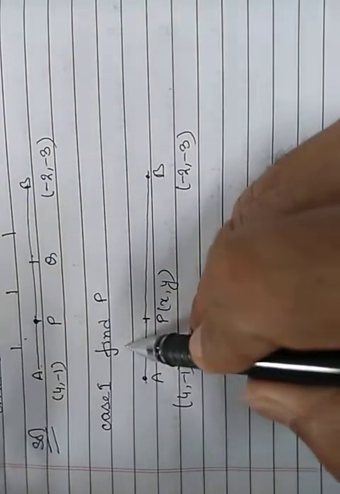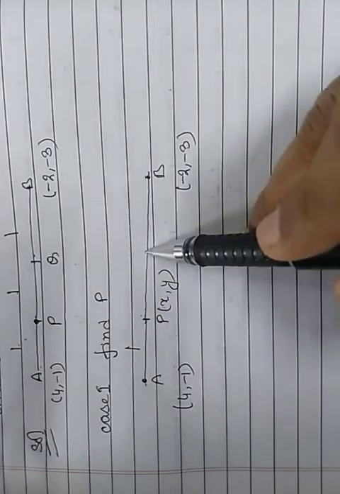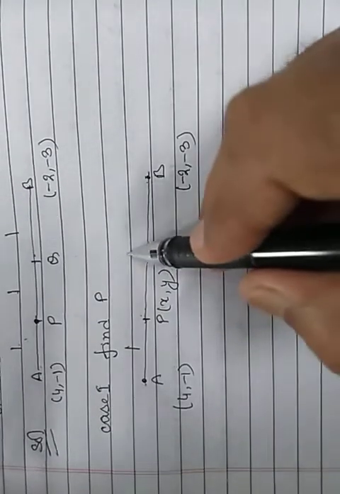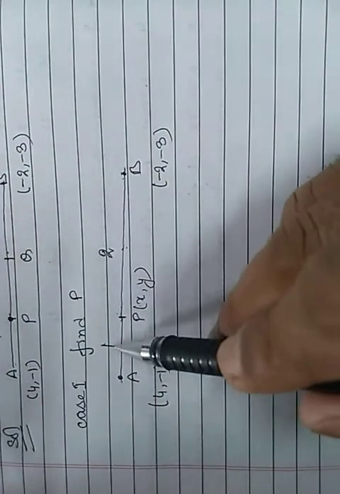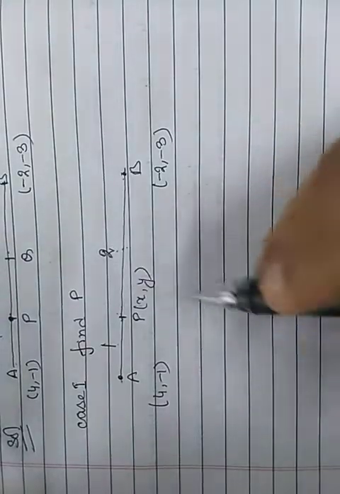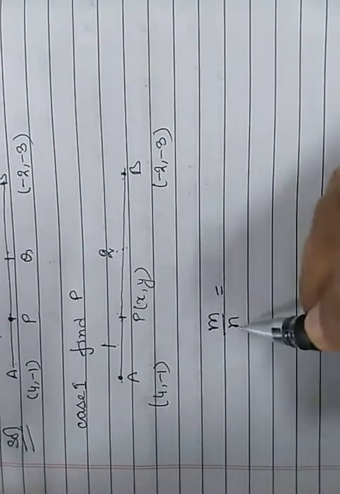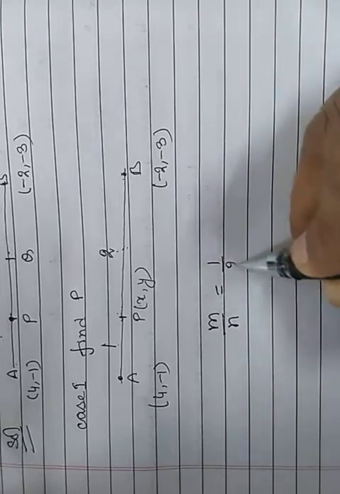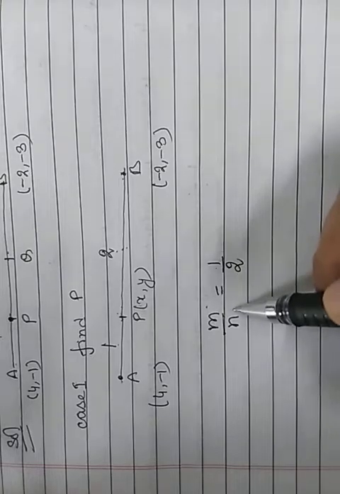Now as this is ratio 1, and here 2 ones are there, P to Q and Q to B, so this part is 1 plus 1, 2. Now for this P, the ratio is 1 to 2. So m upon n, this is the ratio, is 1 upon 2. So I will use the value of m equals 1 and the value of n equals 2.